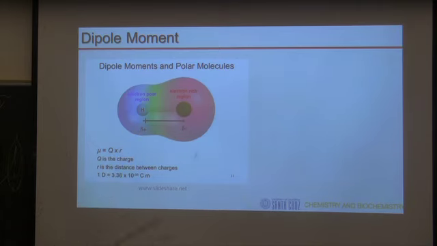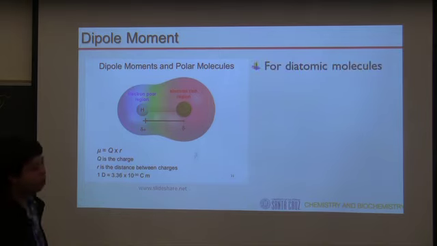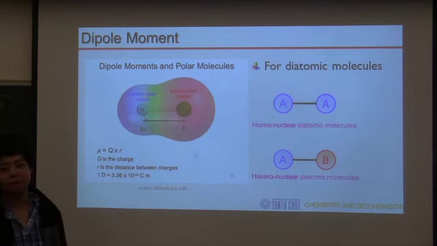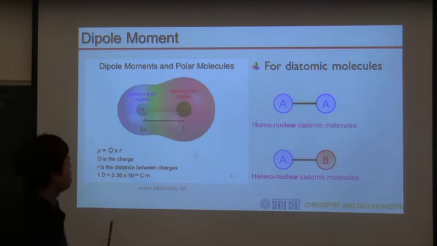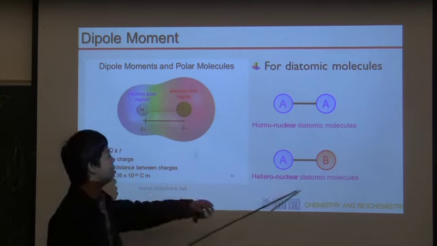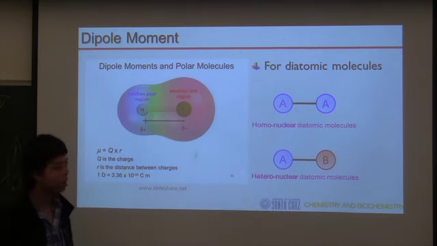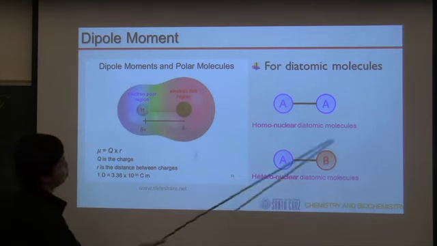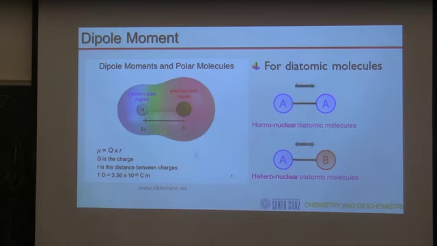Okay? So based on this picture, and based on the selection rule, which means the dipole moment must change, let me give you two examples. For diatomic molecules, we have two kinds. One is the homonuclear diatomic molecules, which simply means the two atoms are the same. The second one is the heteronuclear diatomic molecules, which means they have two different atoms, and they can both vibrate.